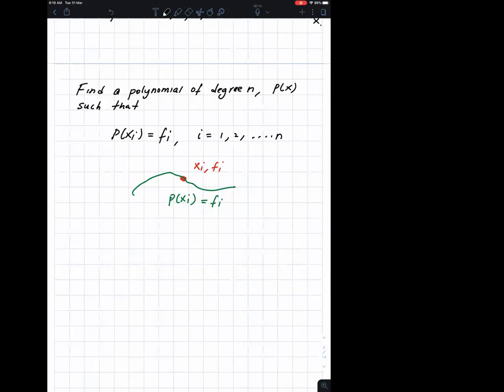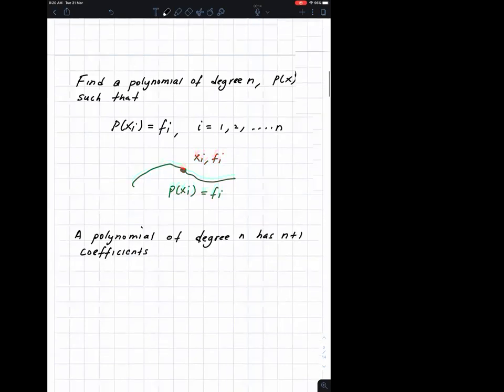A polynomial of degree n has n plus 1 coefficients.